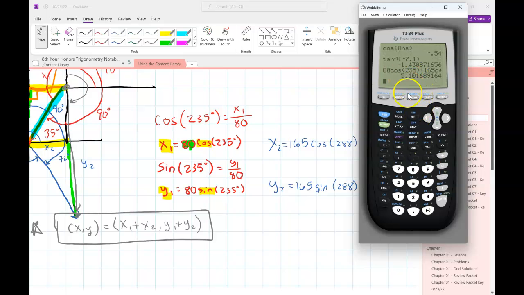That's my x. And then I'm going to have, oh, just do it that way, 80 sine 235 plus 165 sine 288. And there's my y. So that's the point 510, negative 222.46.